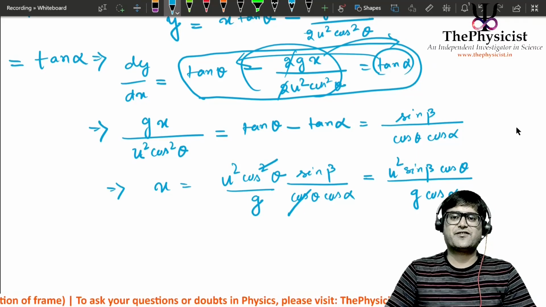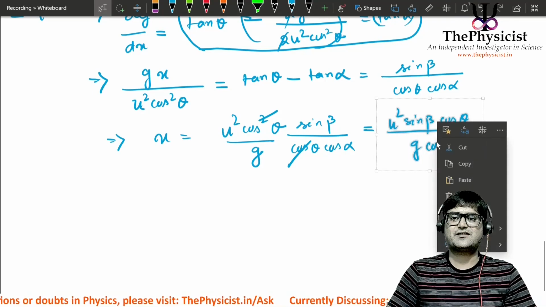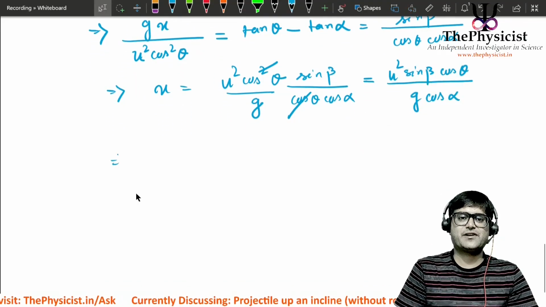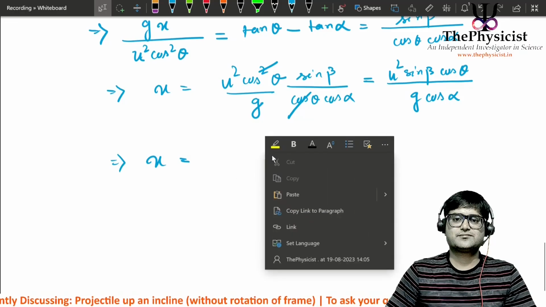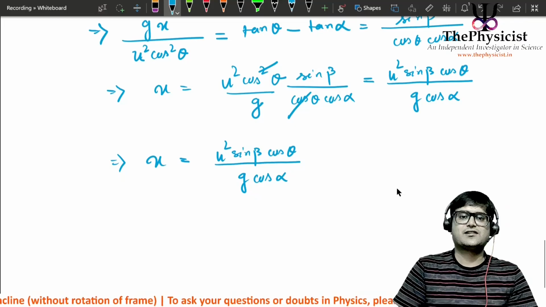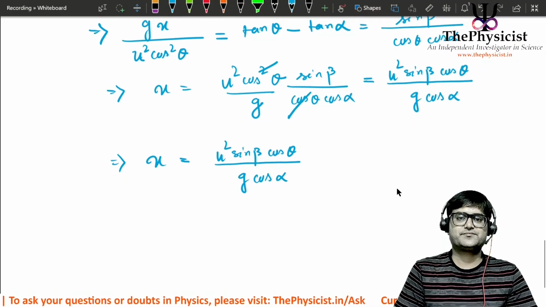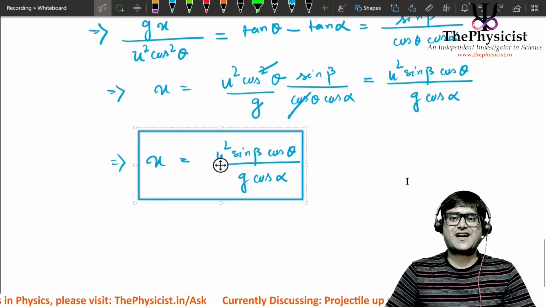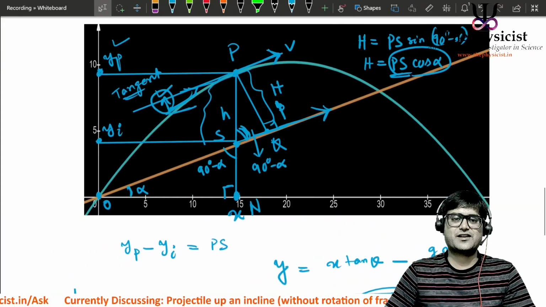That's the value of x. So my x is equal to this simplified x. That is the value of x in the diagram, so let's go back to the diagram.